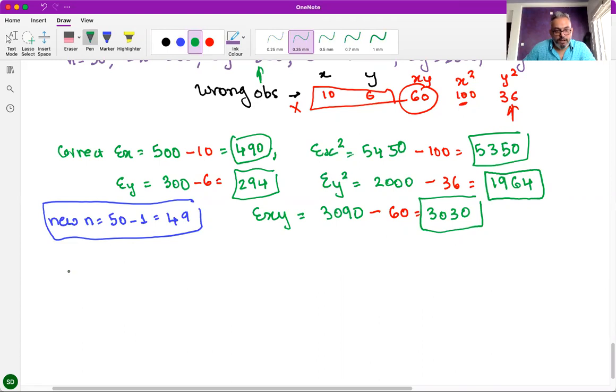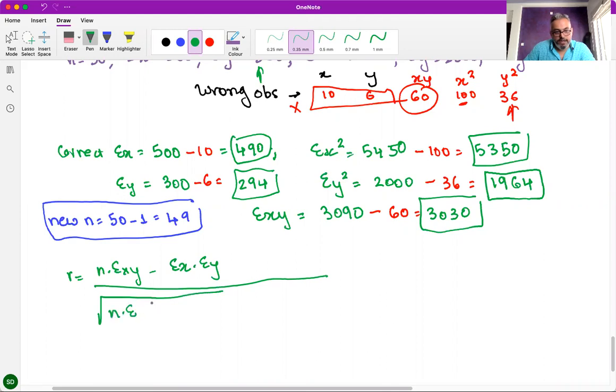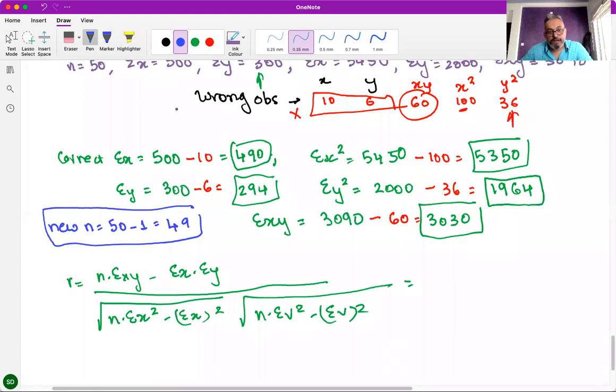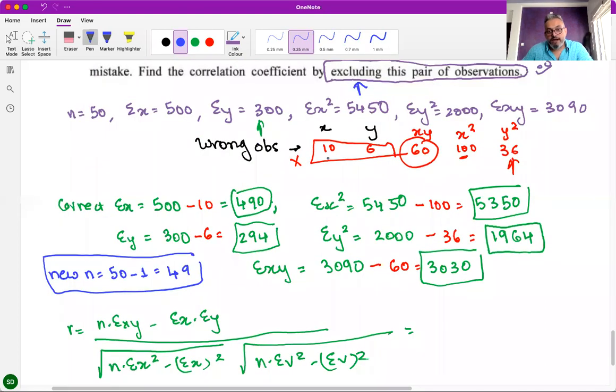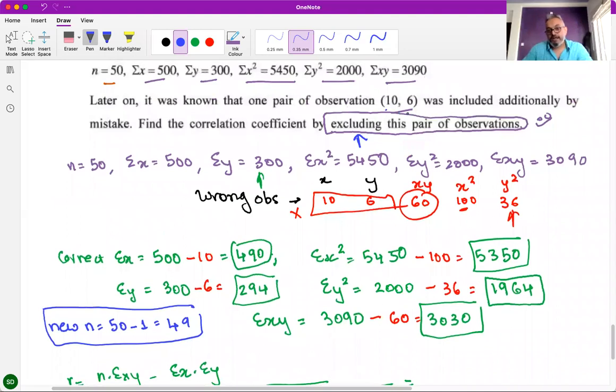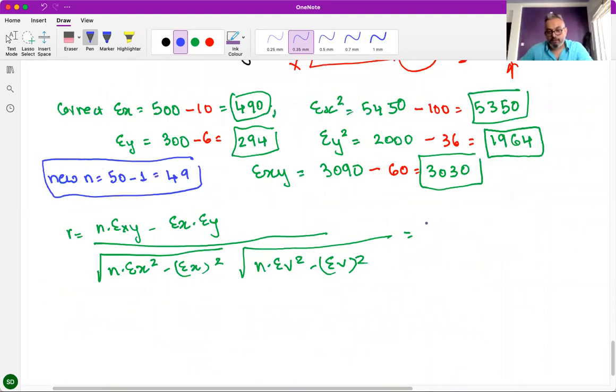I'll write the formula. R is equal to n sigma xy minus sigma x into sigma y upon under root n sigma x square minus sigma x the whole square under root n sigma y square minus sigma y the whole square, which is equal to, now n was 50, but we excluded this pair of observation 10 and 6, so n becomes 49.